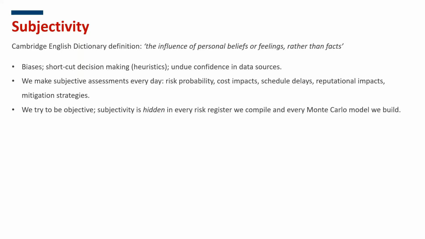So as professionals, we try to be objective. We try to get both sides of the story as far as we can and remove ourselves from the situations where we can. But despite our best efforts, subjectivity is hidden in every risk register that we compile, and therefore in every Monte Carlo model that we build.